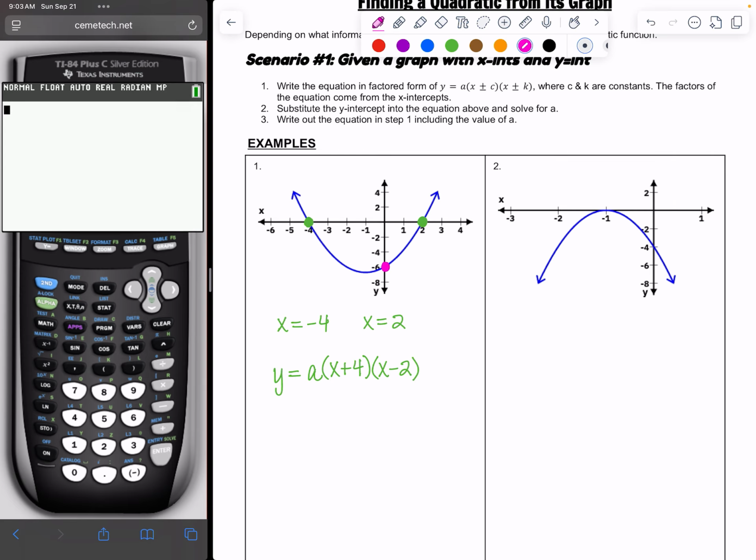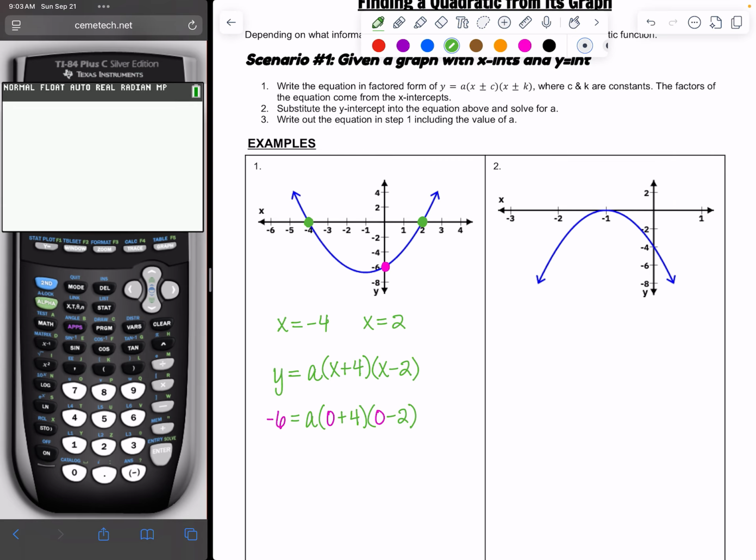and I'm going to substitute that in as my x and y value for the given point. So I'm going to have -6 equals a times (0 plus 4) times (0 minus 2).